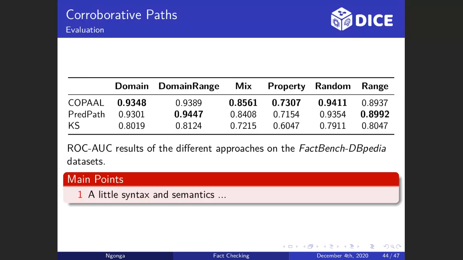Just a sec. I went too fast. And that approach is called Copal, and we compared it with PredPath and Knowledge Linker and similar approaches. What one can show is that approaches such as KS perform relatively poorly. PredPath already performs quite well.